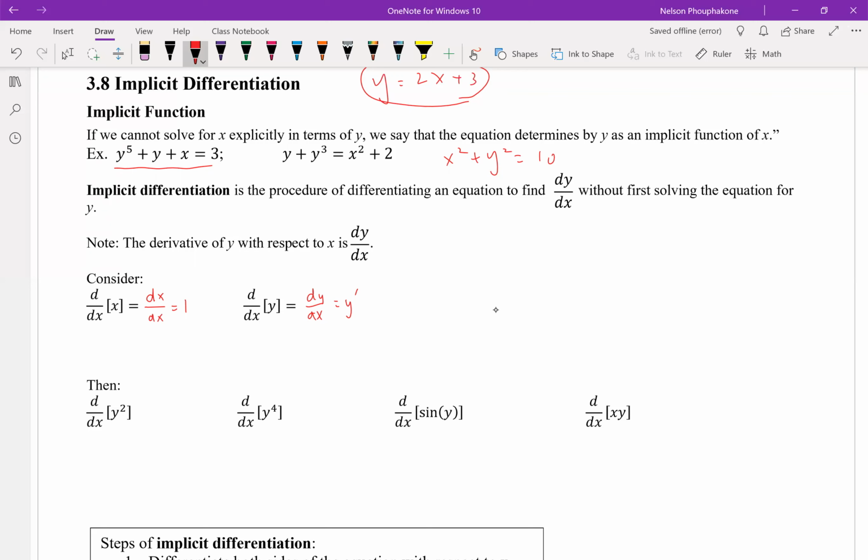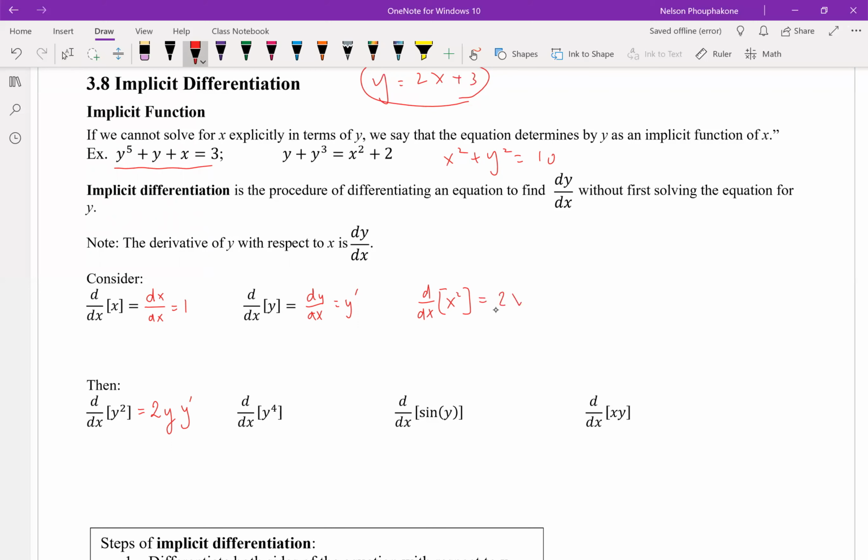So if I want to take the derivative of y squared, it's just like x squared, which gives 2y. But this y is kind of like the inner function, so we also take the derivative of y. If you feel you have no idea what to do, remember how we take the derivative of x squared.